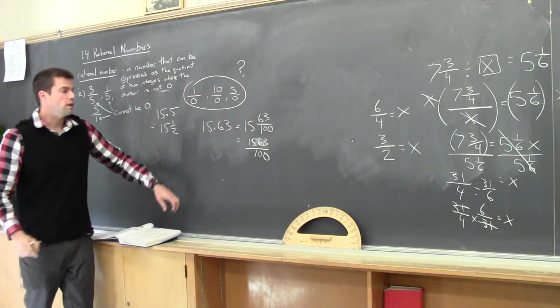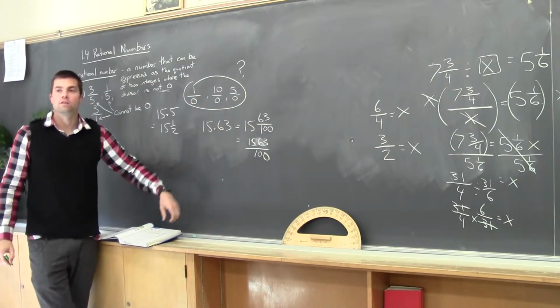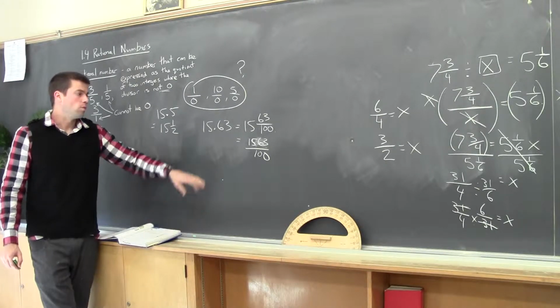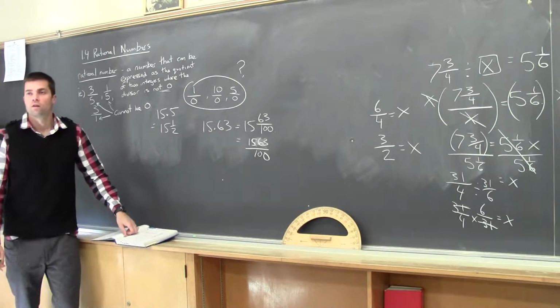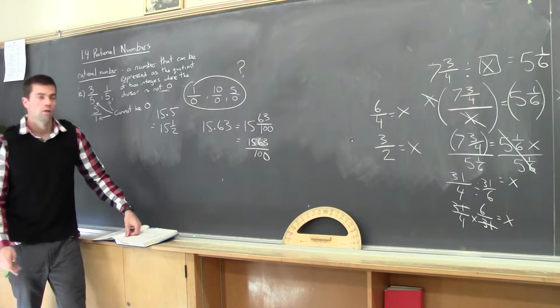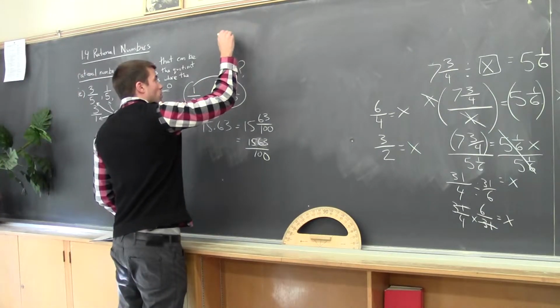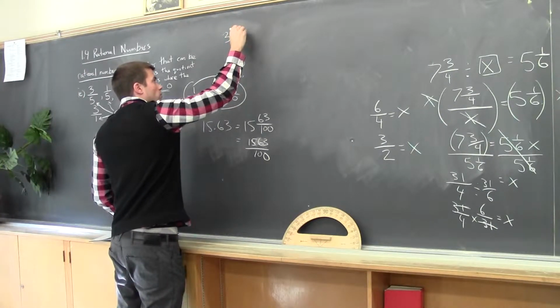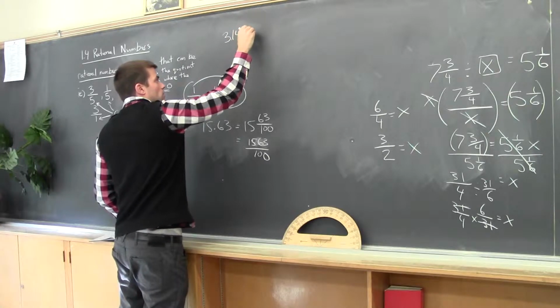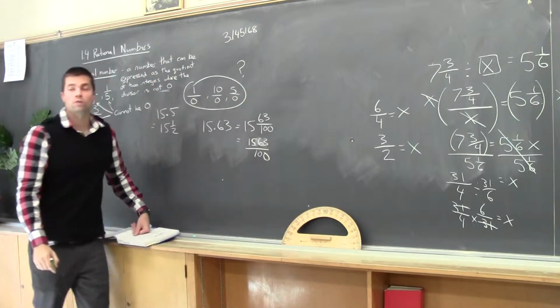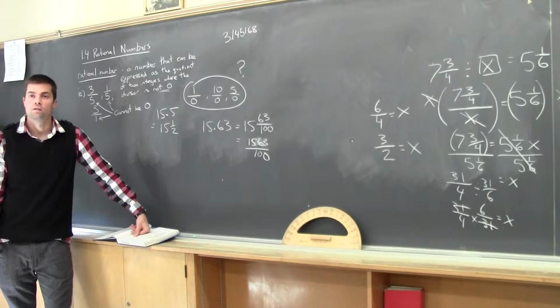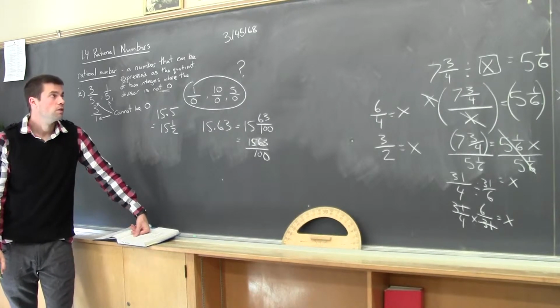Okay, so any decimal number, we can write it as a rational number. Even if you had a number like 3.1456168, you can always write that as a fraction as well. Right?